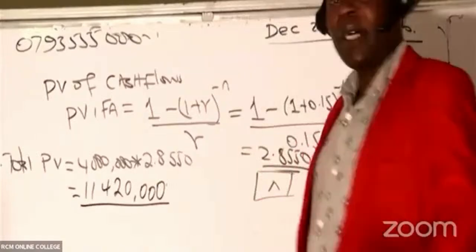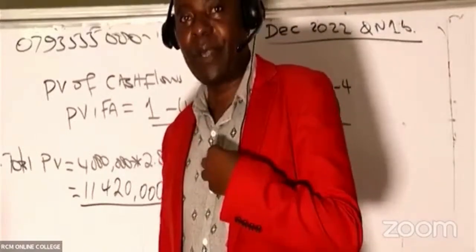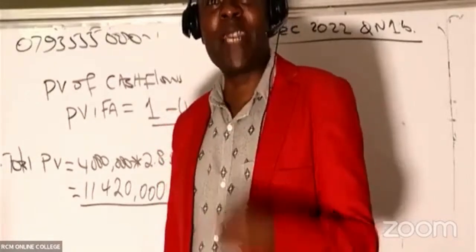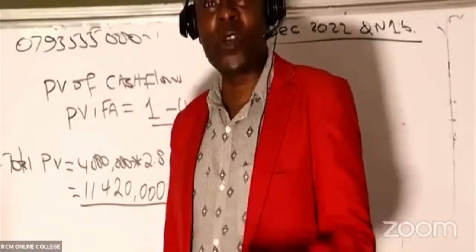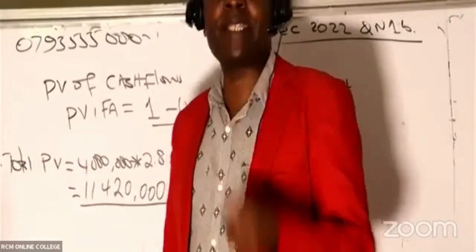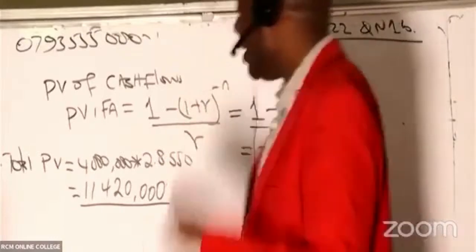Now remember, the lessee will call this one a liability. But we are the lessors here. We are the landlord. And of course, as a landlord, I know that this will be an investment to me. So this one is a lease investment.